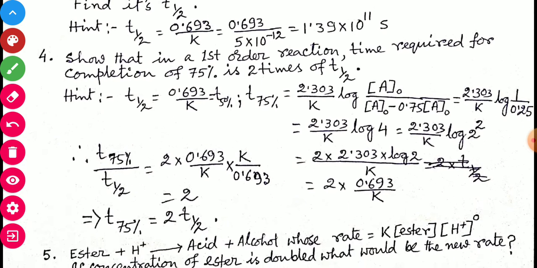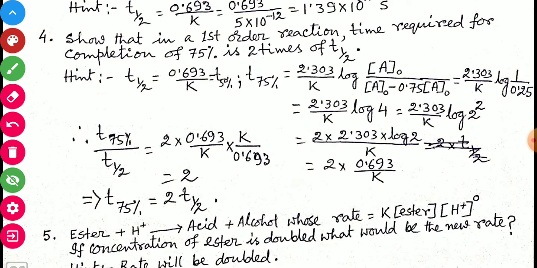Question number 4. Show that in a first order reaction, time required for completion of 75% is 2 times of t half. t half equal to 0.693 by k equal to t 50%. t 75% equal to 2.303 by k log molar concentration of A naught by molar concentration of A naught minus 0.75 molar concentration of A naught, equal to 2.303 by k log 1 by 0.25.